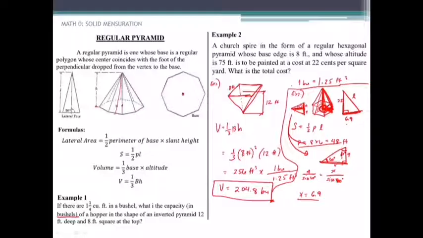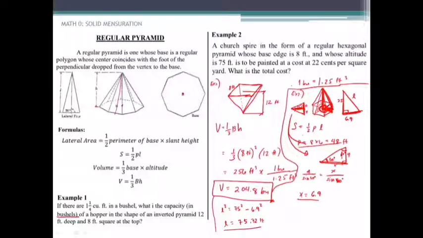So slant height now, L squared is equal to 75 squared minus 6.9 squared. So L is equal to 75.32 feet.